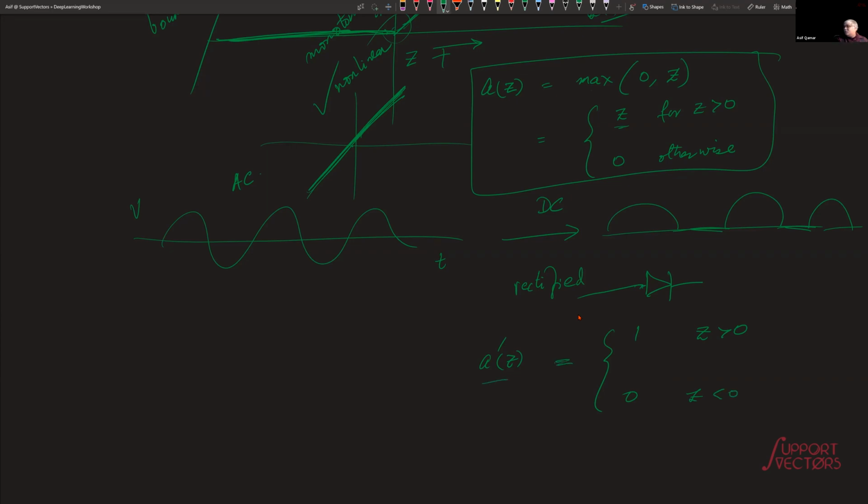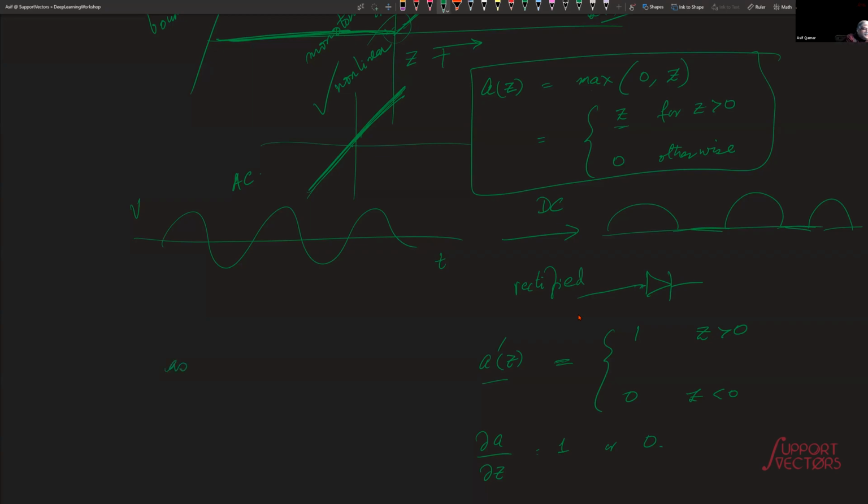Derivative is simple. So what does it mean? When you backpropagate, at least this part is just 1 or 0. So it means that it acts as a gate during backpropagation, a gradient flow. People use the word in backpropagation.